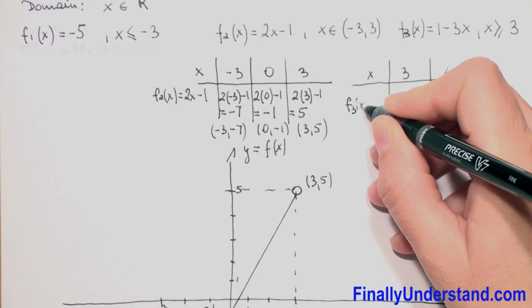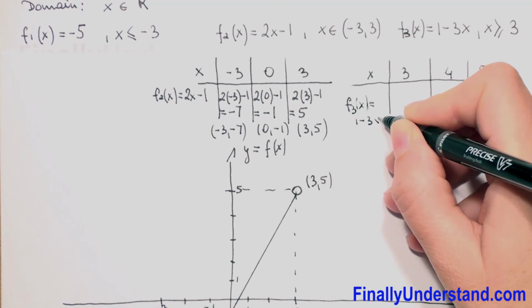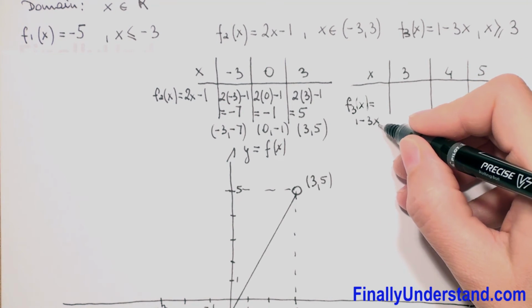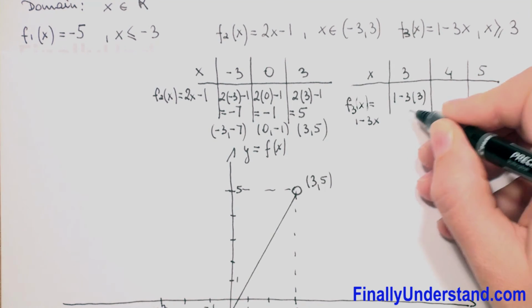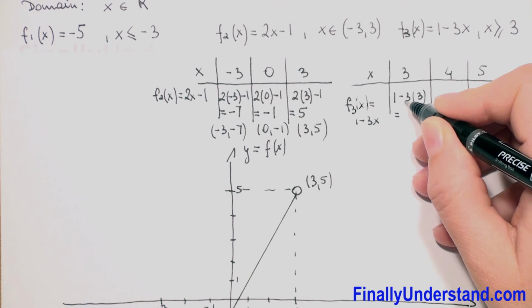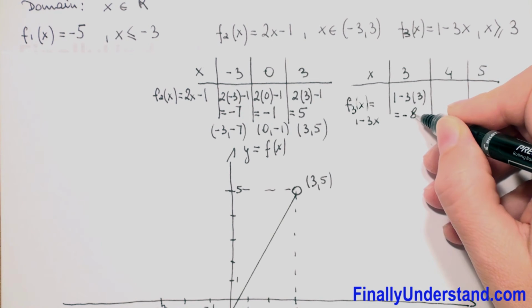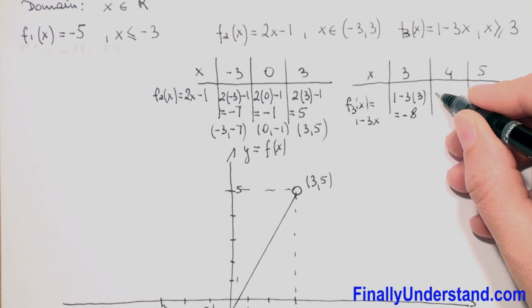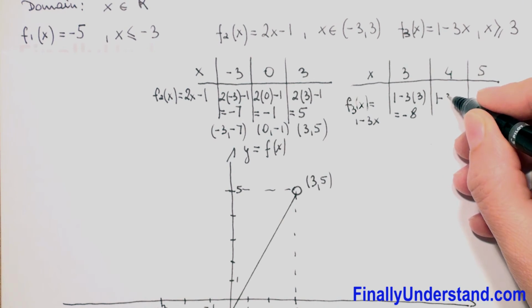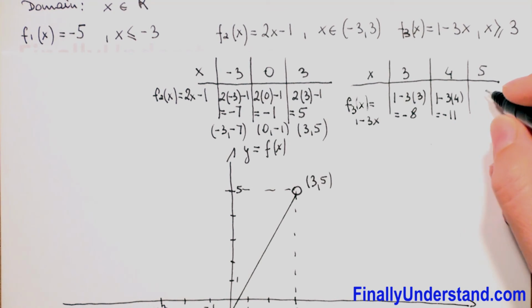f3 of x is equal 1 minus 3x. So first we will replace x by 3. So will be 1 minus 3 times 3. This is equal 1 minus 3 times 3 is 9. So it will be negative 8. Next, we have to replace x by 4, so it will be 1 minus 3 times 4. 1 minus 12, it will be negative 11.